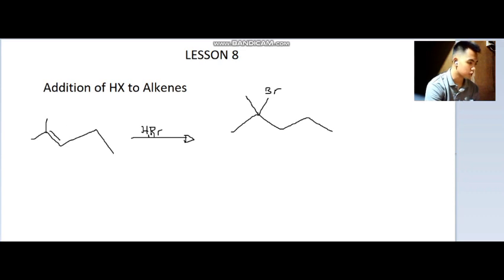So in this structure that we have, the second carbon has the least hydrogen. So our hydrogen has bonded in here, and our bromine goes here. So our finished product is this.